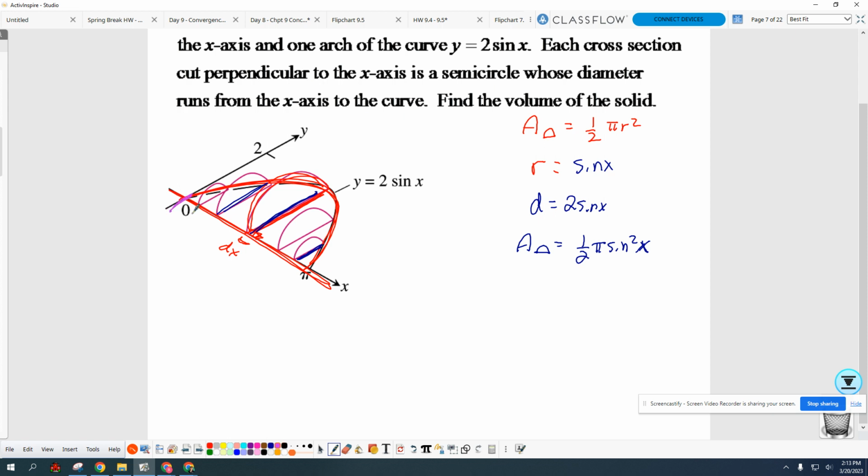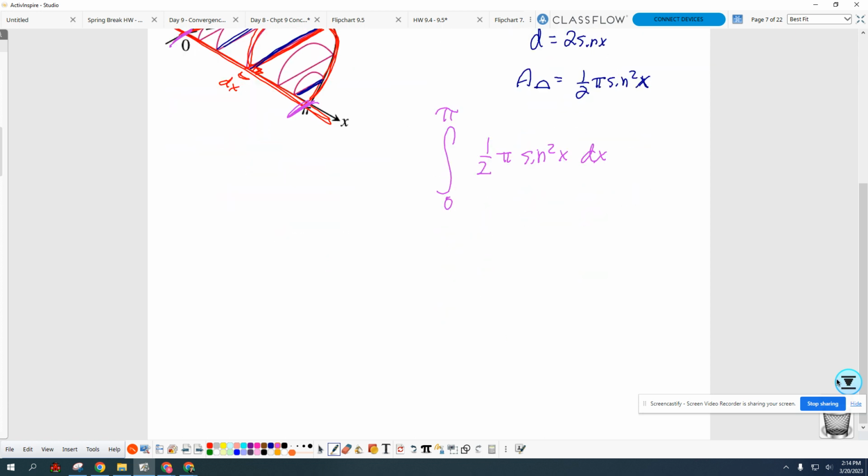Well, the little croissant thing is squished in here. What do the bounds look like? 0 to pi. Can I pull this 1/2 pi out front? I don't have to, but can I? Yeah, okay. So type it in on your calculator, see what you get.